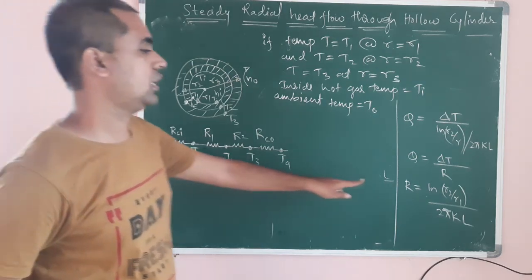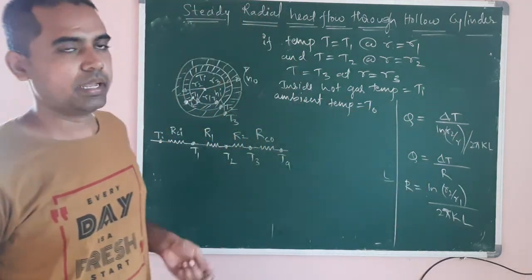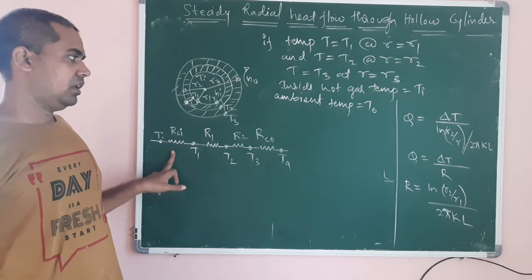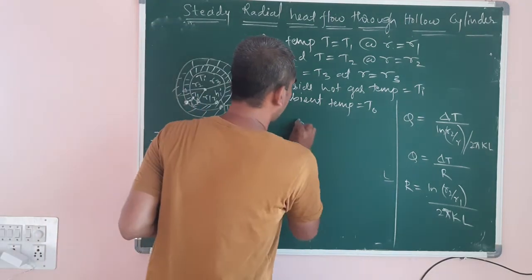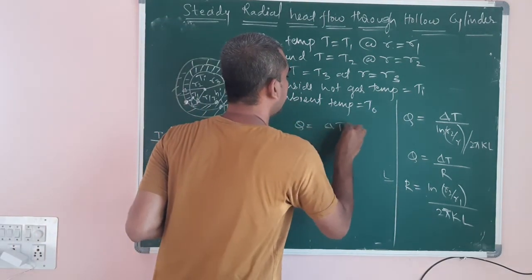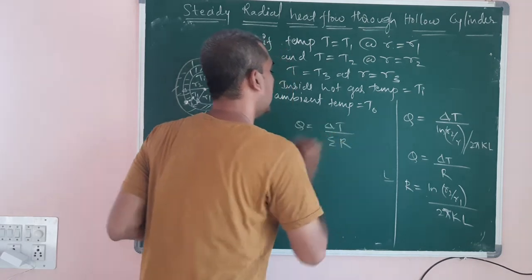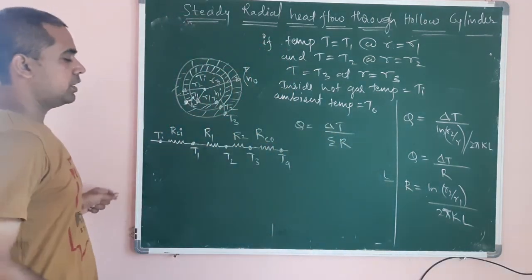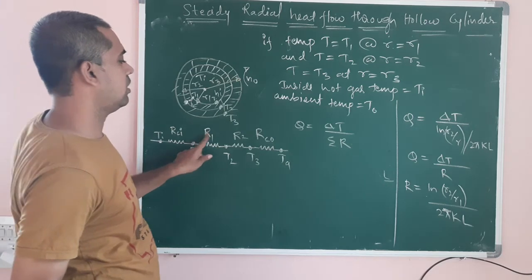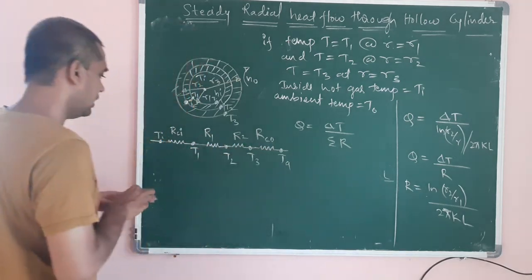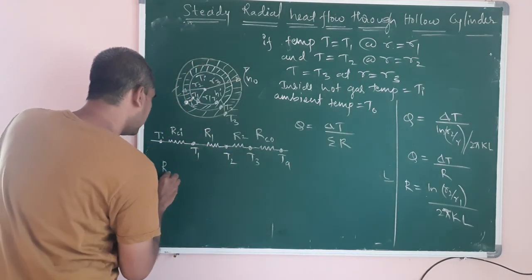R1 you have to calculate using this formula, not by L by K. And Q is equal to delta T divided by summation of R. Summation of R is RCI plus R1 plus R2 plus RC naught. RCI, how will you calculate?